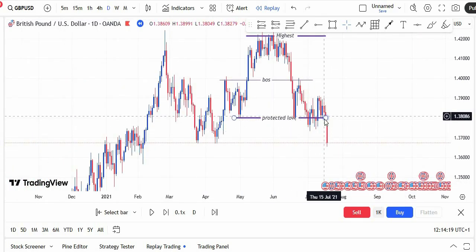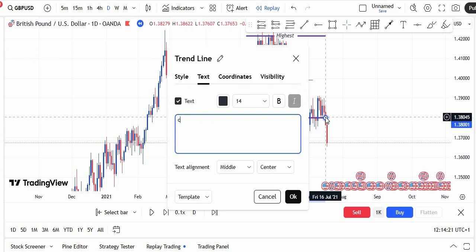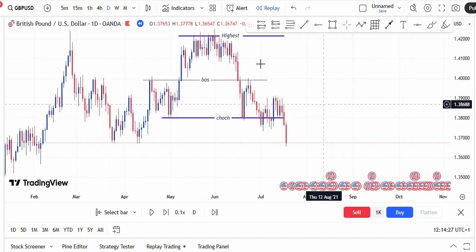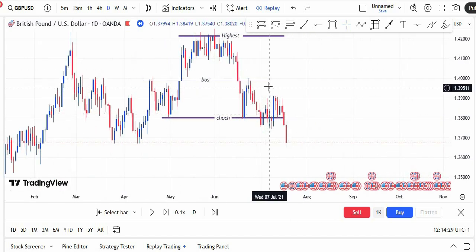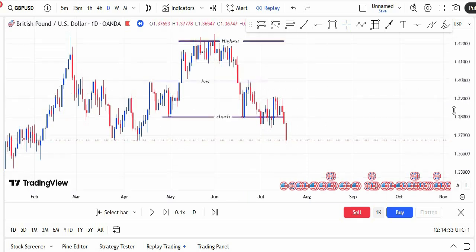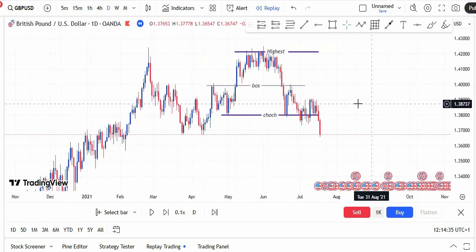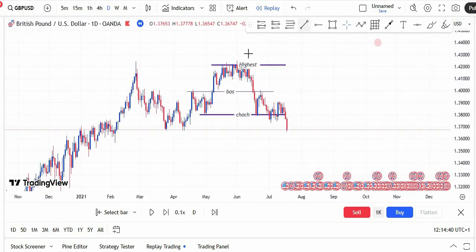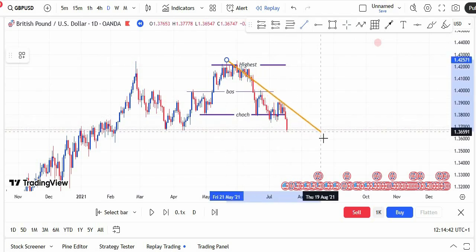This protected low we initially turned to a change of character. Now it is no more protected, now it has been broken. So now our trend line mapping starts: the highest, the lowest.